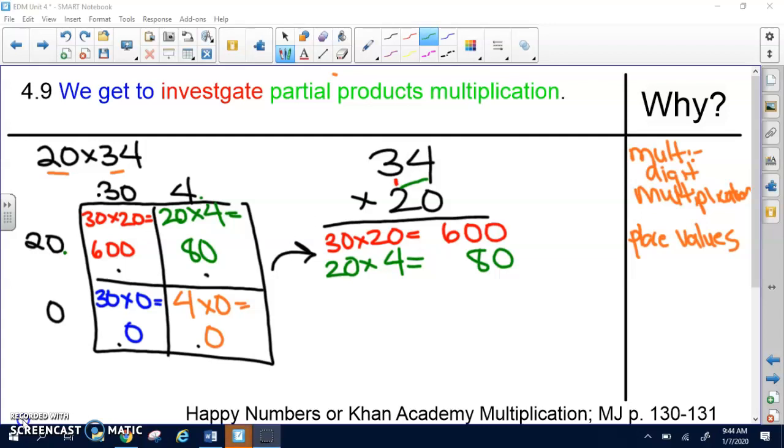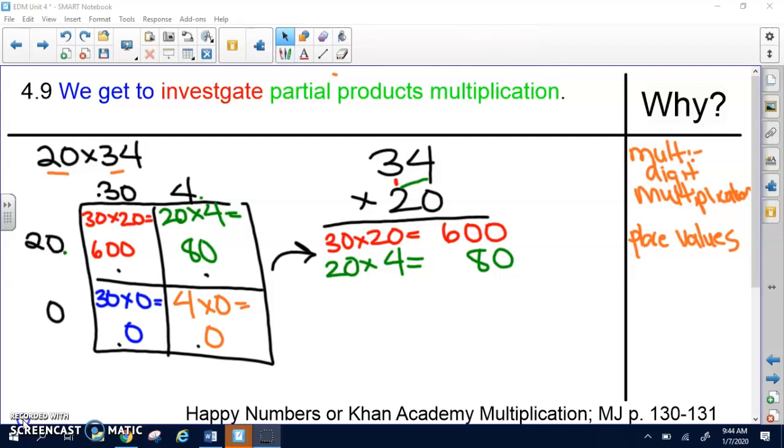Okay. The key when you're doing this partial products multiplication, when you're starting to stack these numbers like this, is you're going to be adding these numbers down the columns. And you're going to need to make sure that your ones are all lined up, and your tens are all lined up, and your hundreds are all lined up, so you're not cross adding, coming up with some wacky number.